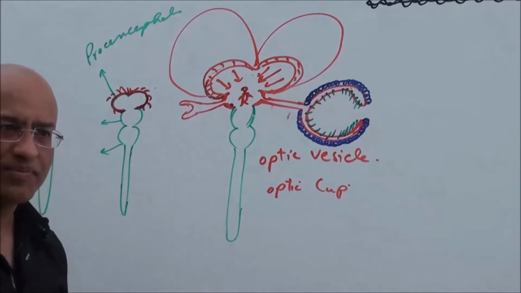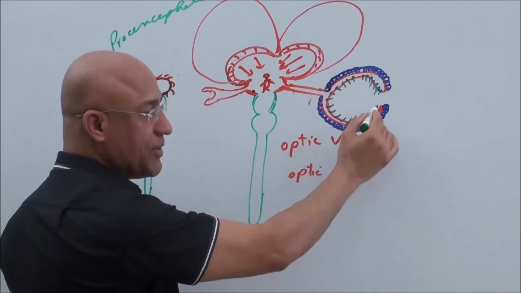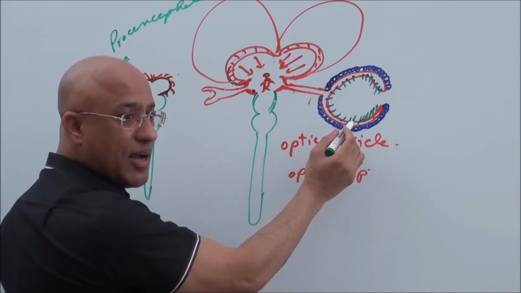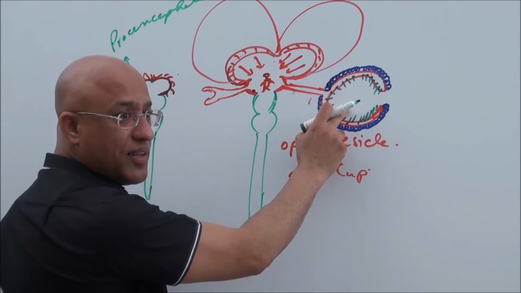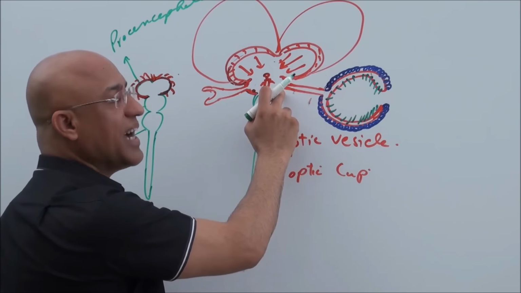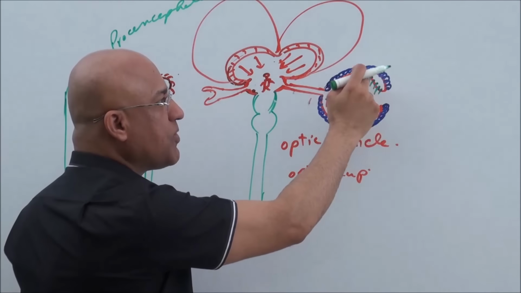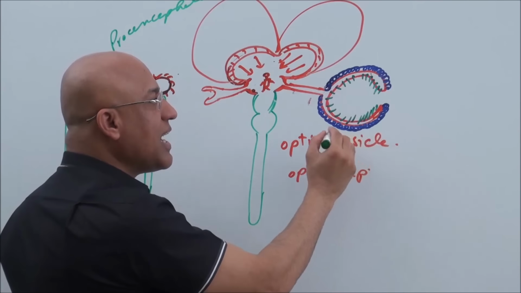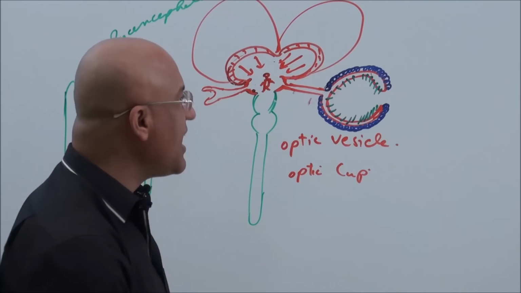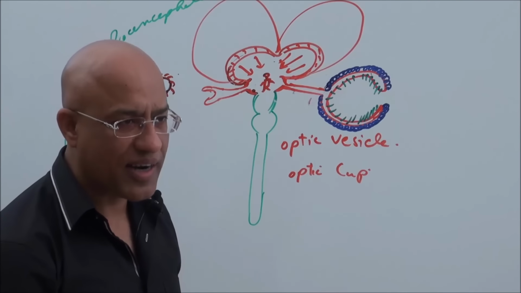Right? In this way, the retina is derived. Now listen carefully. The retina is derived from the optic cup, which developed from the optic vesicle, which was coming from the diencephalon. Is that right? And this optic cup had a double layer. The outer layer differentiated into the pigment epithelium of the retina, and the inner layer differentiated into the neuronal layer.